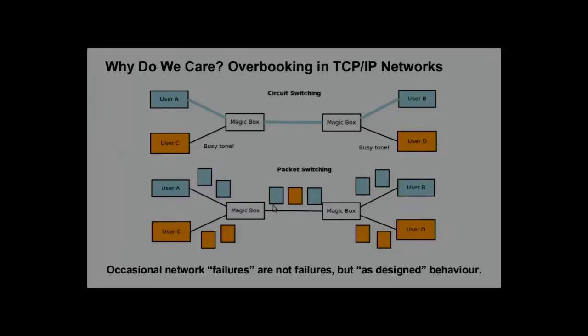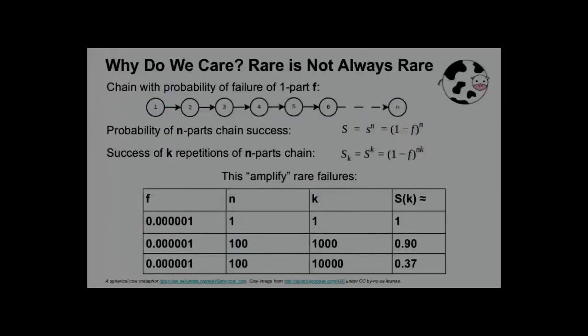If for some reason he wants all the bandwidth, then you are not lucky, and you may get failures just due to this. And it's not really a problem, it's built-in, it's a feature. Packet switching and networking systems are made to fail sometimes if demand is too strong. And it's not a real failure. You can't blame the network team for that if it doesn't happen often. It's just a feature.